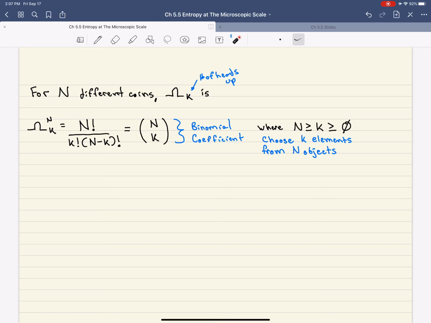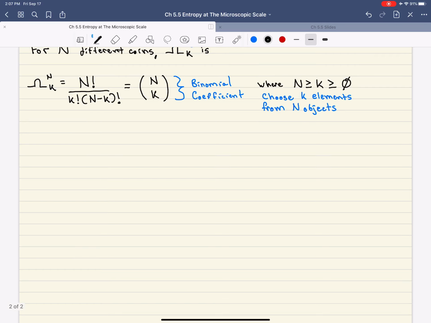All right, and so that's why this sort of equation is appropriate for the analysis that we want to do. This is something that you may have seen or will probably see in your stats class. Okay, in any case, so this is sort of the general formula that one would use if you wanted to figure out the multiplicity of a macrostate where k number of heads were up for n different coins.